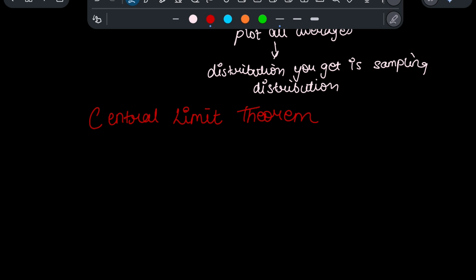So this is incredibly powerful. If your data is skewed, uneven, or non-normal, the average of samples becomes normal, when the sample size is sufficiently large, typically n is roughly greater than or equal to 30.